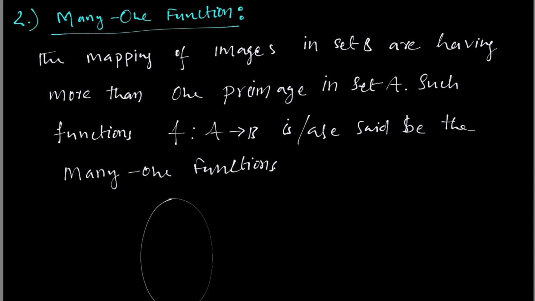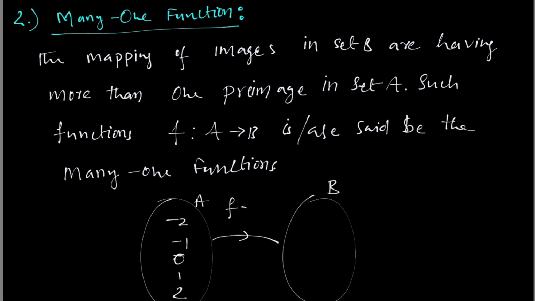For example, I have a domain and I have a codomain. Let me take -2, -1, 0, 1 and 2, and the relation given between set A and set B is f of x equal to x square minus 1. So when you substitute x equal to -2, I'm getting 3.